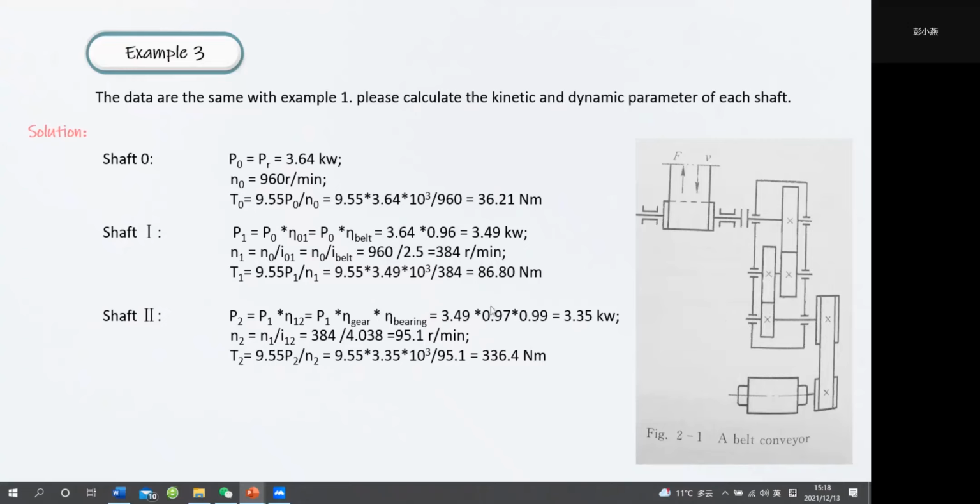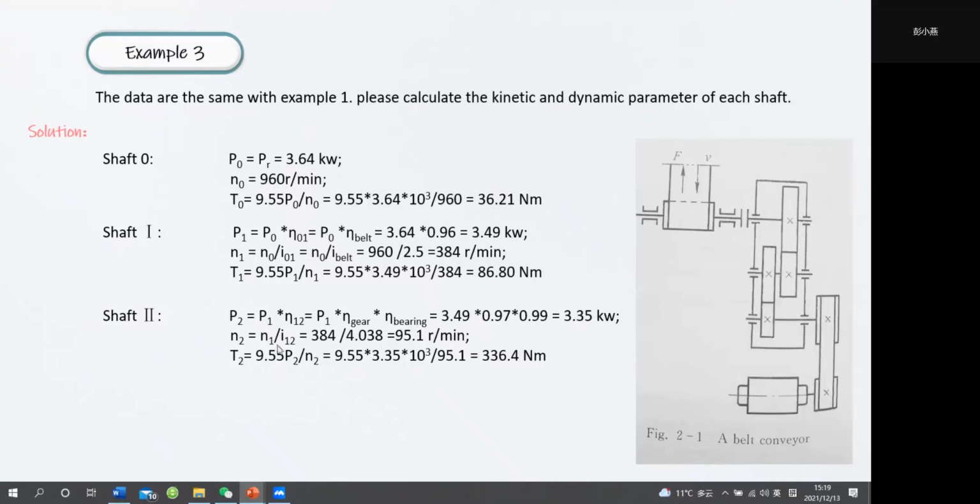And we know that the efficiency of gear is 0.97 and the efficiency of bearing is 0.99. And so P2 is 3.35.